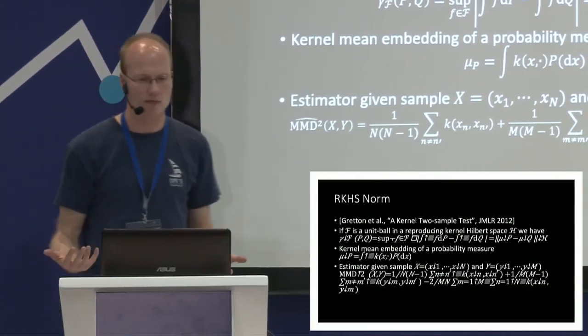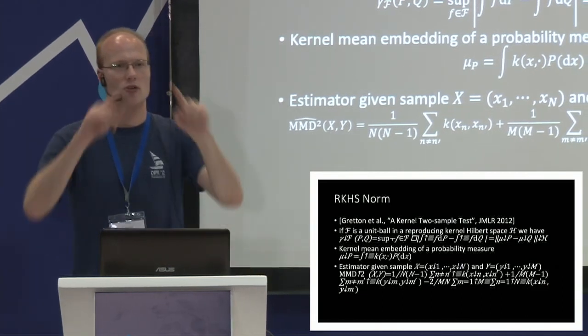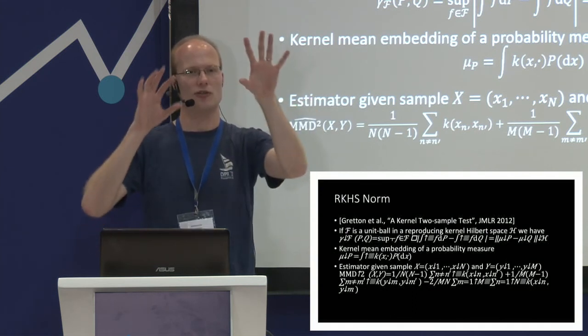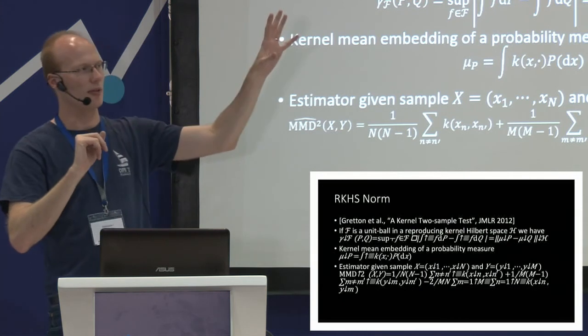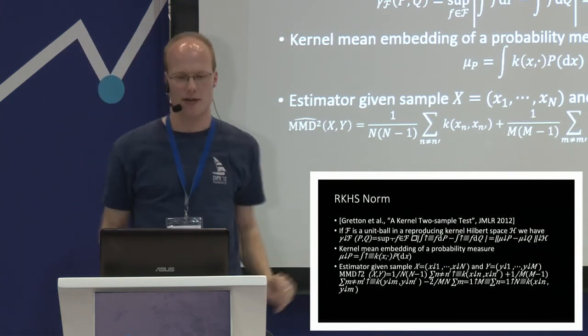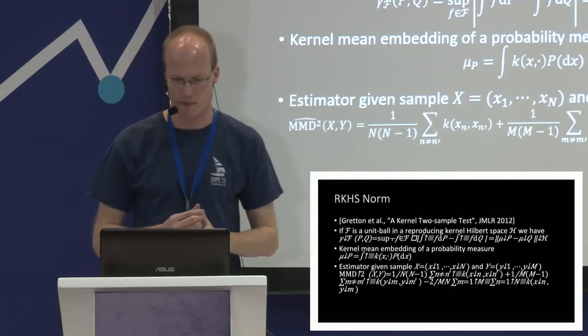So implementation-wise, if you don't want to go into all the theory, it's super simple. You compute one big kernel matrix, and then exactly as Asa has shown, you chop out these three parts, the distribution 1 kernel values, the distribution 2 kernel values, and the cross values, and you compute the simple expressions. And that gives you an estimate of the MMD squared.